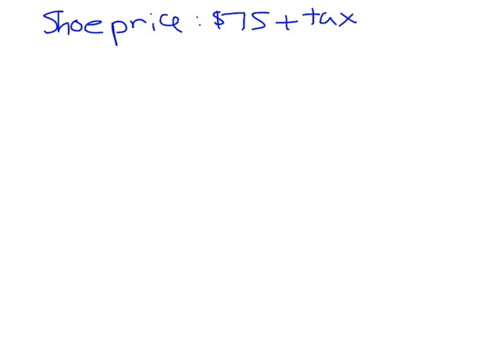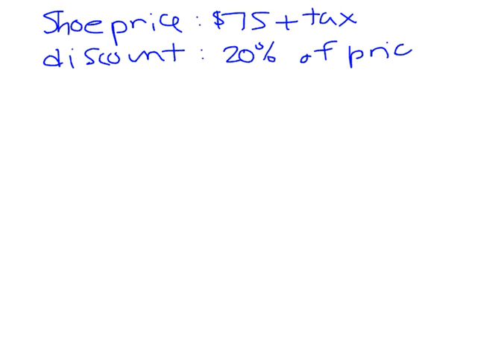So we said that we have our shoe price, that is $75 plus tax. We have a discount of 20% of the price. So let's start with the discount, and then after we're gonna do the tax on the price.